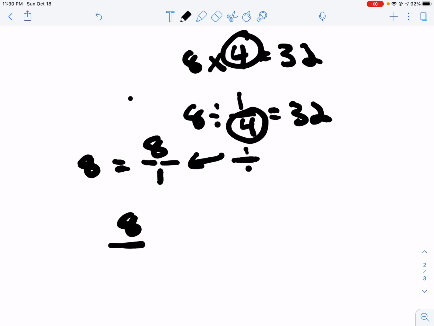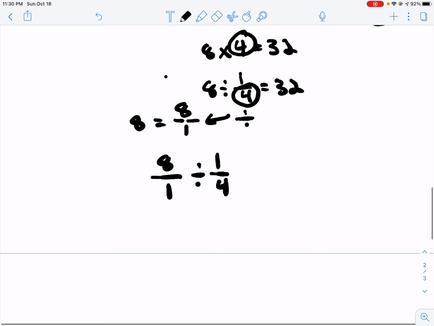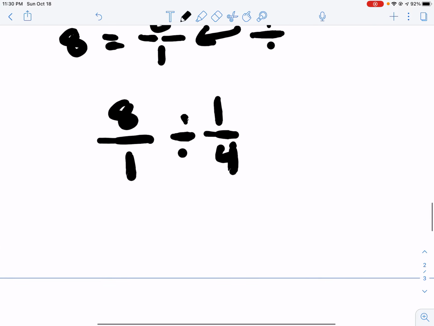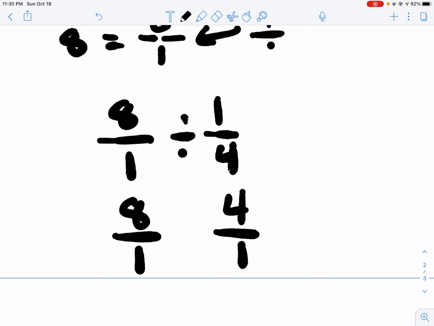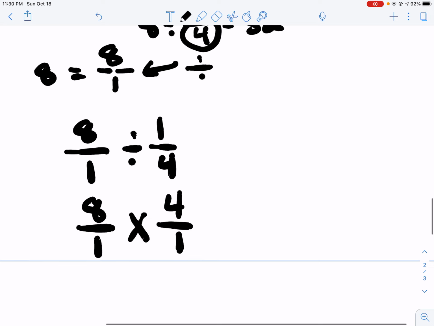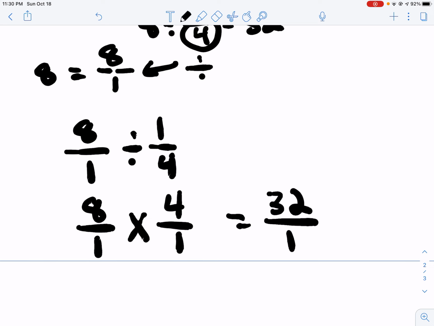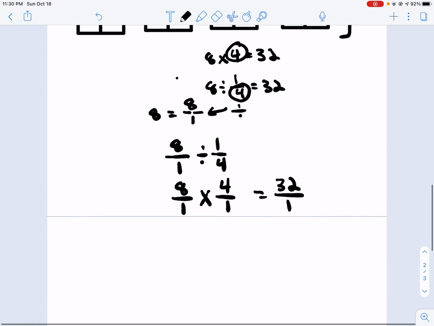So 8 over 1 is 8. And then divided by 1/4. So instead of doing this, which would be hard, we'll flip the second one to make it 4 over 1. Instead of dividing, we'll switch this to a multiplication, which gives you the top would be 32, the bottom would be 1. So 32. That would be your final answer.